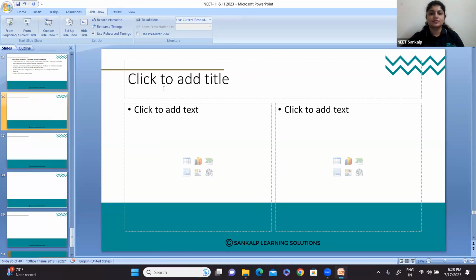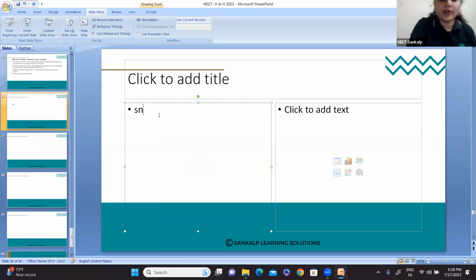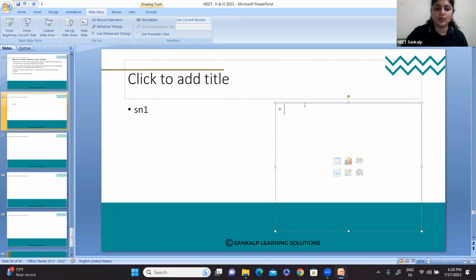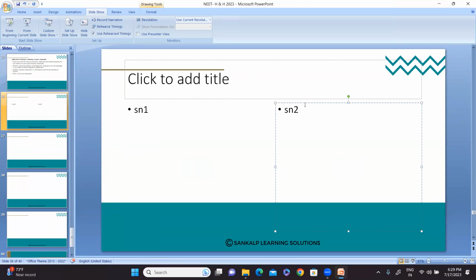So SN1, one difference each. SN1 is a two-step reaction. SN2 is a single-step reaction.